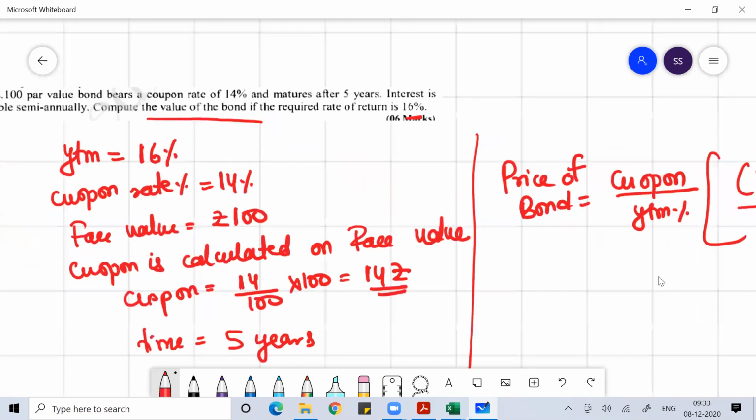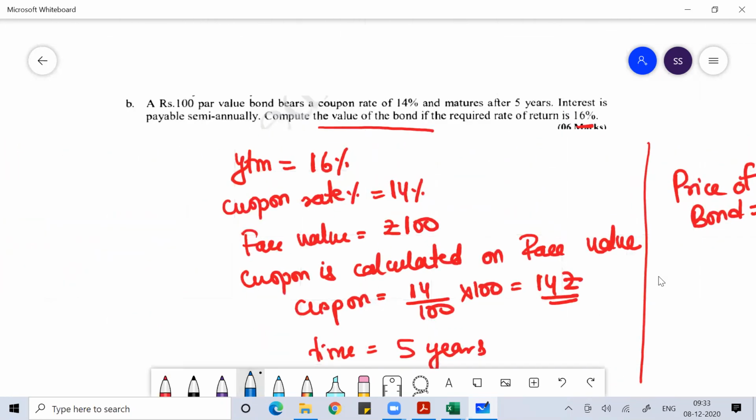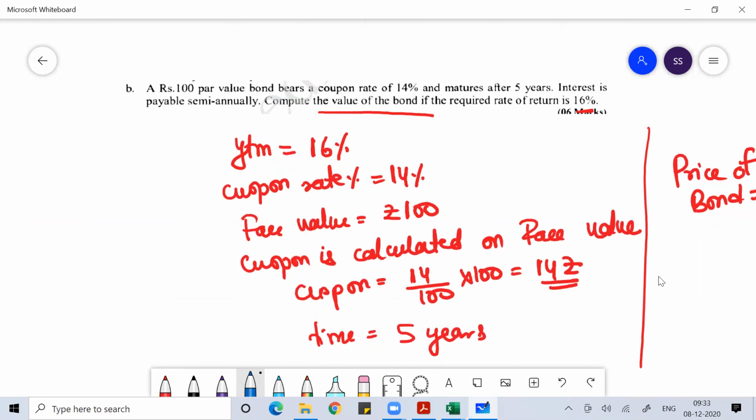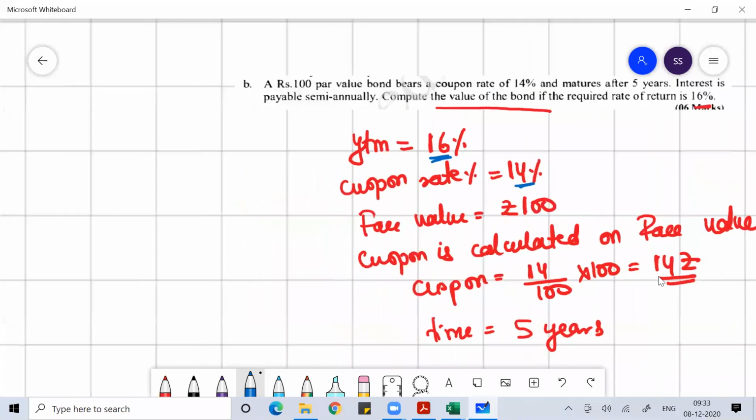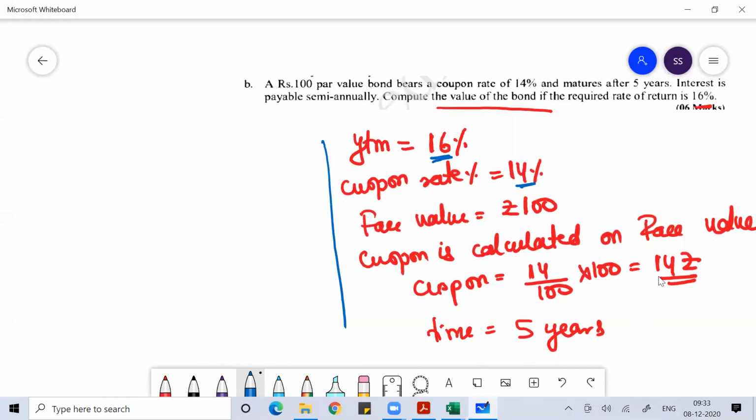Now a few things you need to understand here. You can see the YTM is 16% and the coupon rate is 14%. Because the coupon percentage is less than the YTM, definitely your price will be less than 100 rupees.